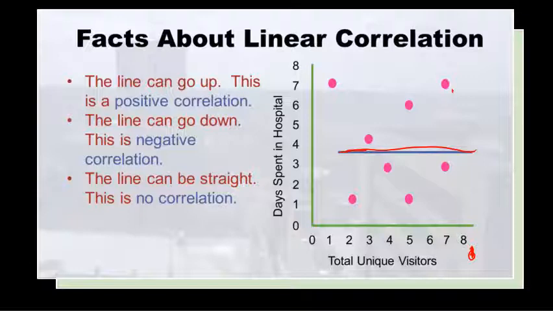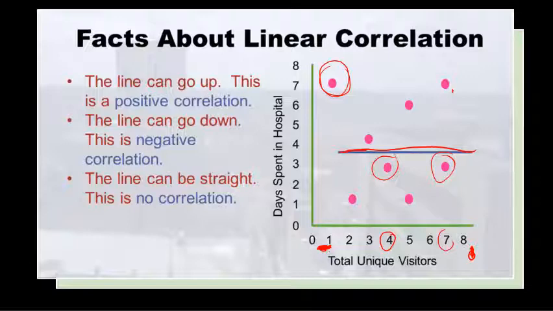Because as you can see over here, some patients only have like one visitor and they're spending an entire week in the hospital. And then you see some patients who had 4 visitors and they might only be spending 3 days in the hospital. Some patients who have 7 visitors, same thing, 3 days in the hospital.